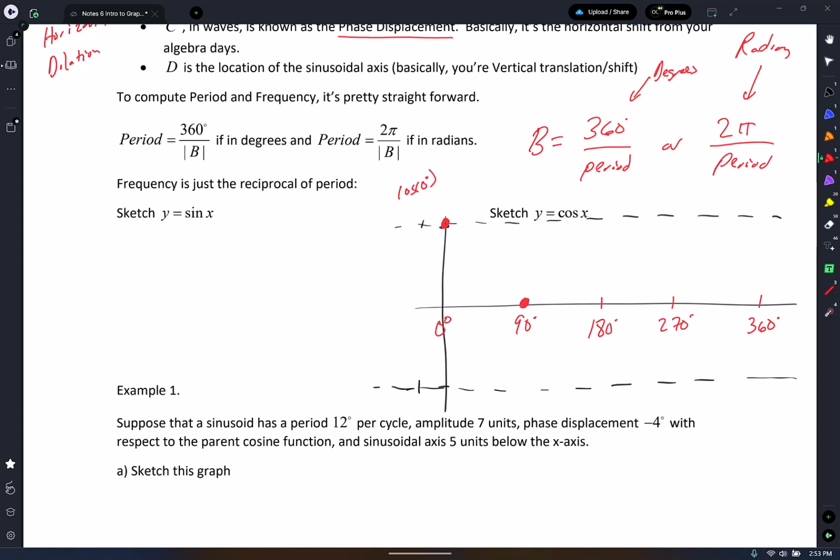What is cosine of 180 degrees? -1, so go to 180 with a point at -1. I know right now it looks linear, but don't worry. What is cosine of 270 degrees? 0. What is cosine of 360 degrees? 1. And to make it more uniform, I'm going to go to -90 here. Cosine of -90 is 0.